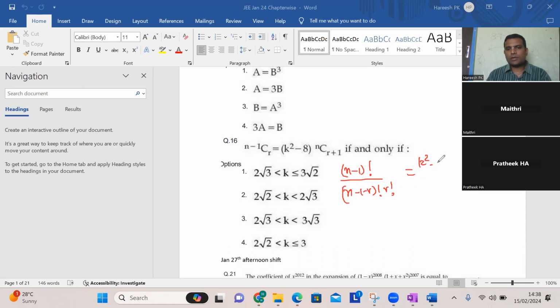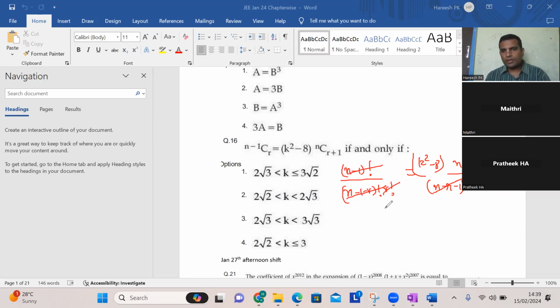And here we have (k² - 8) into n! divided by (n-r-1)! times (r+1)!. Isn't it? So this will get cancelled fully, and then here you'll be left with n, and here you're left with r+1.